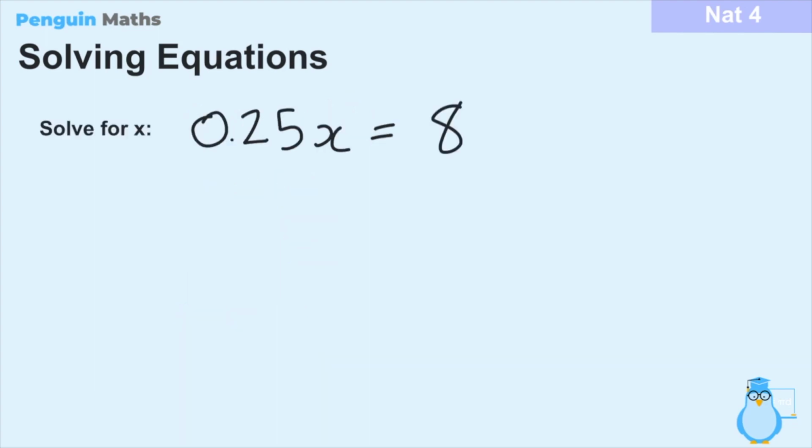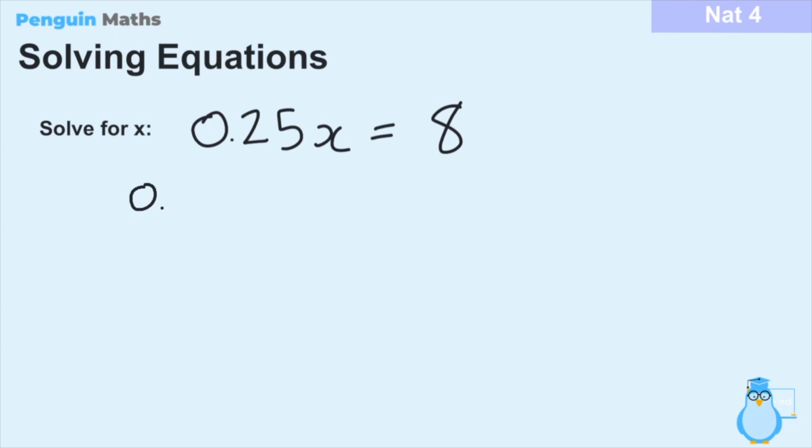Let's have a look at this example here. So we've been asked to solve for x, and the equation we have is 0.25x is equal to 8. So we know what we want to do is have the letter by itself on the left hand side and all of the other numbers on the right hand side. But how do we do it for this problem?